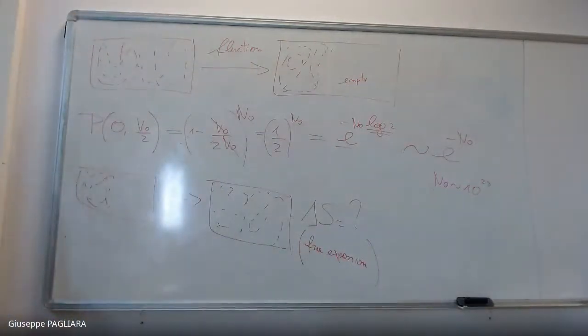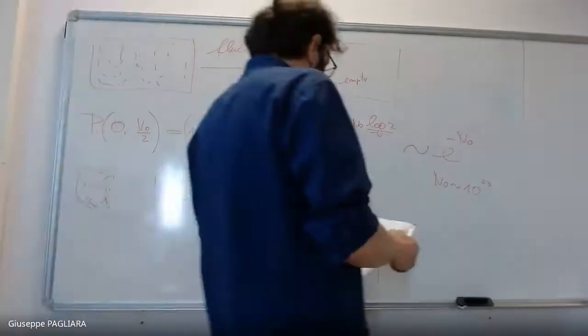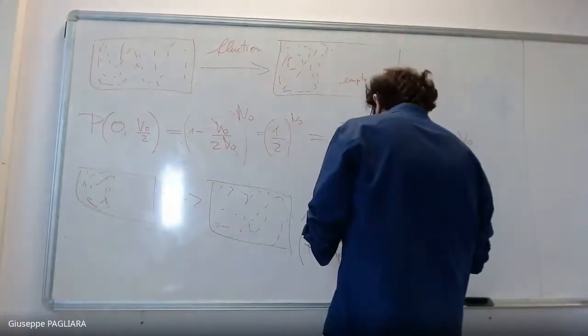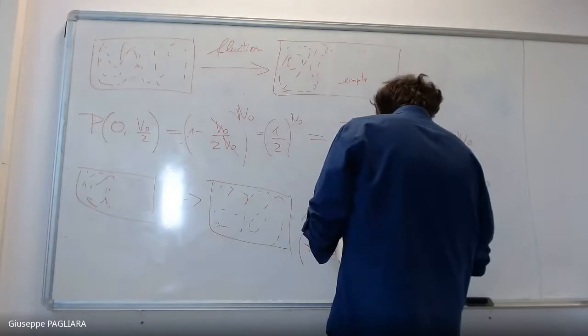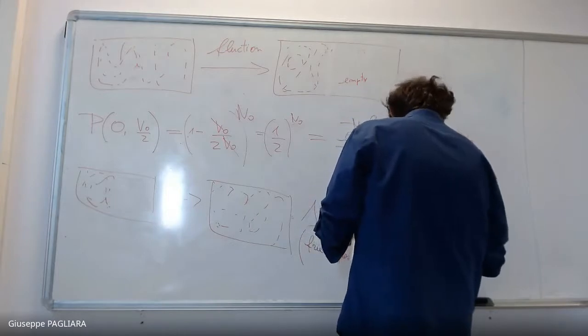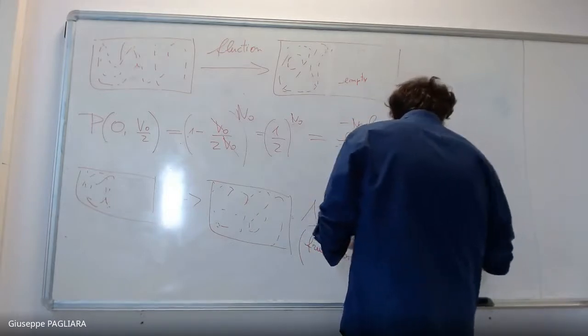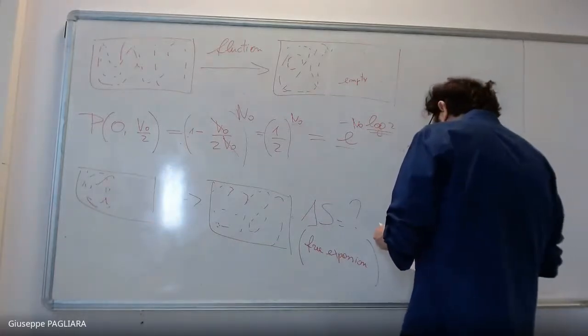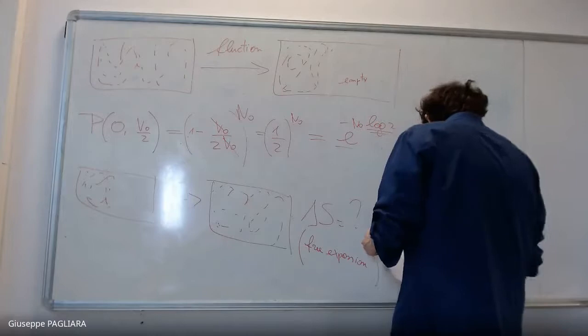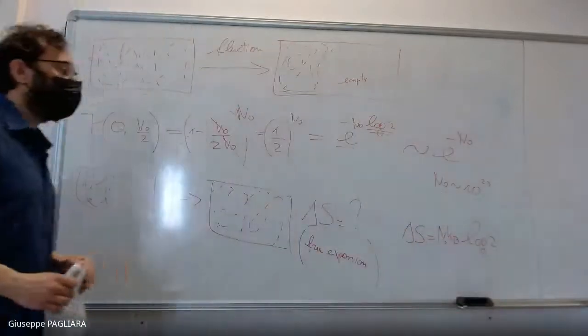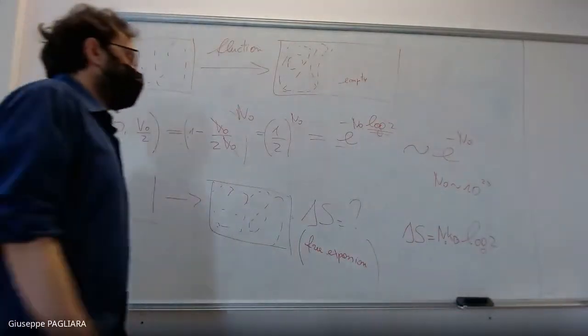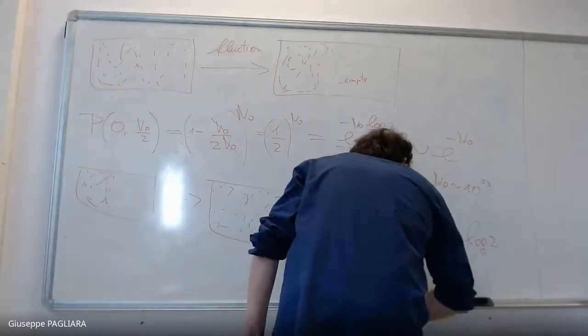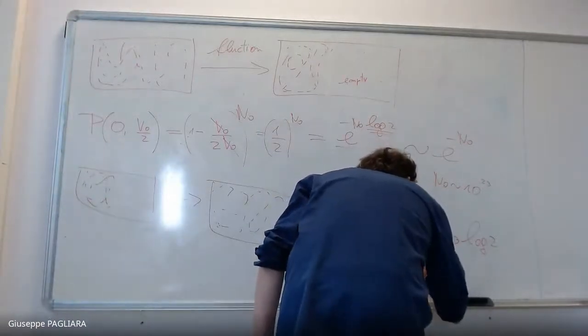Well, one can use the formula of variation of thermodynamics, and basically I get that delta S is equal to n kb for a perfect gas logarithm of 2. Let's put n0 here: n0 kb log of 2. This can be done by realizing that T here is constant.